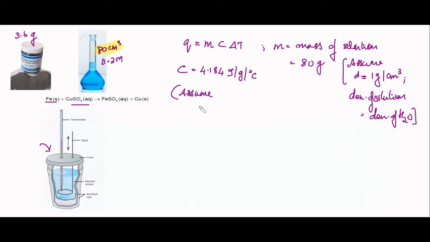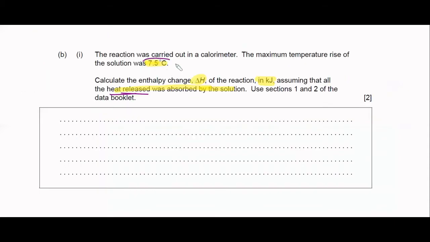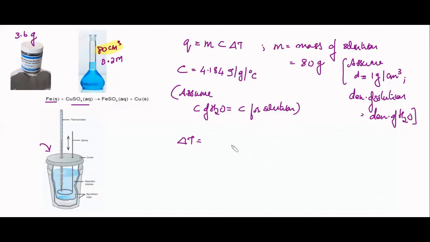Assume c of water is equal to c for the solution also. This is another assumption that is made in this calculation. Then the rise in temperature, of course, is given in the question itself. It's stated that the temperature rises 7.5 degrees Celsius.